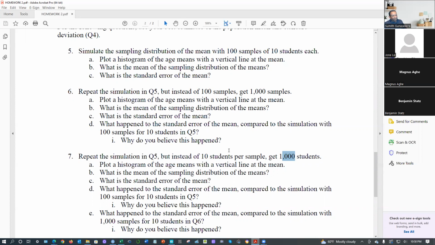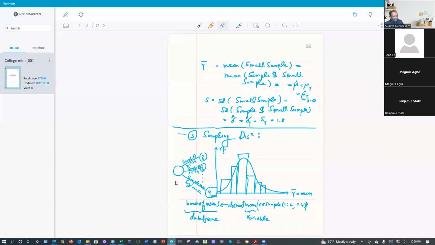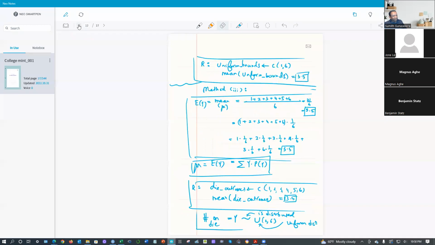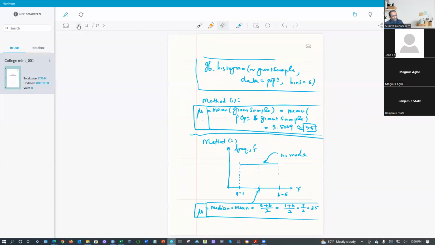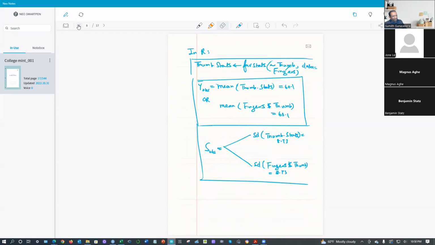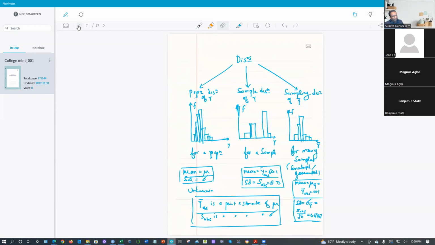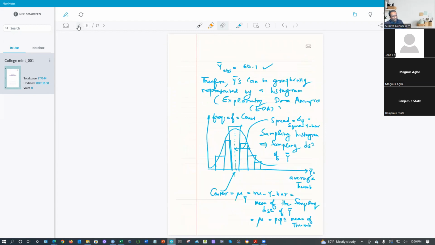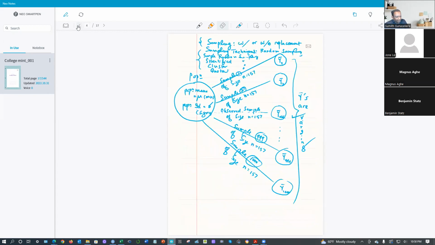In the very beginning, sample size is denoted by sample length. The number of samples, I prefer to denote by M. So M, sample M equals 1,000.